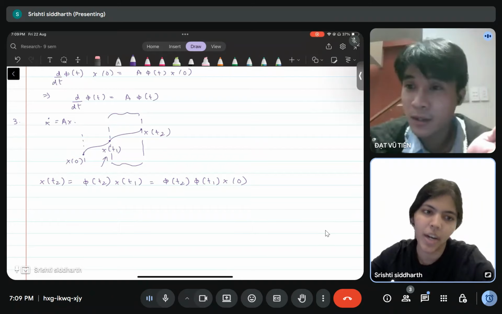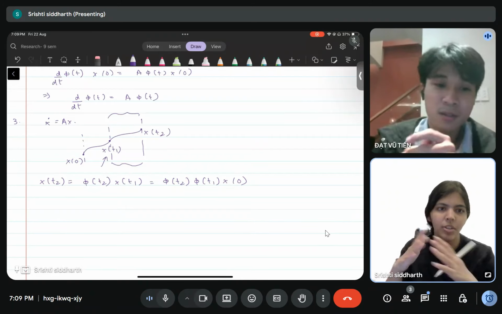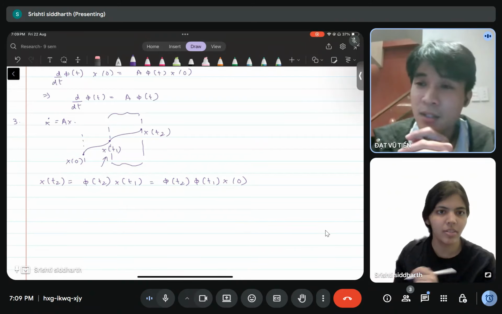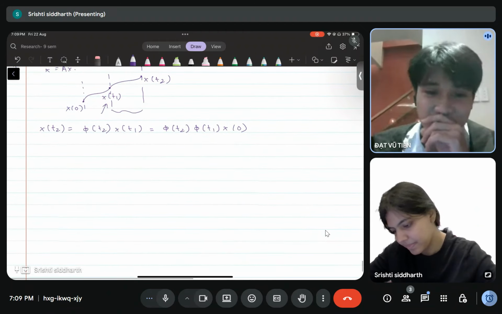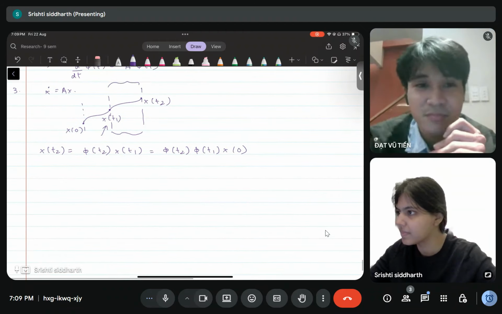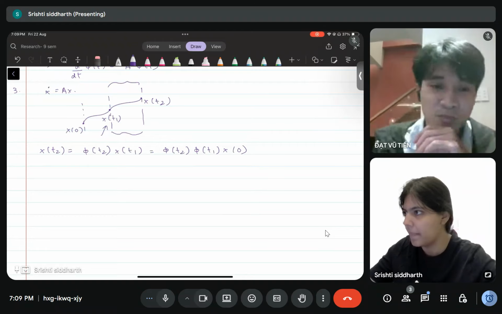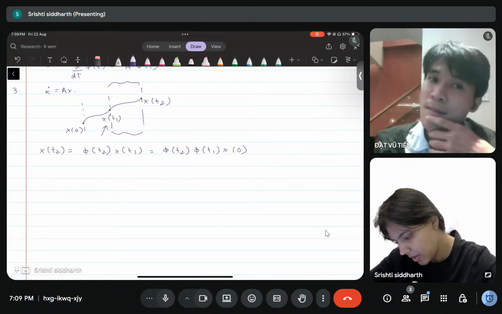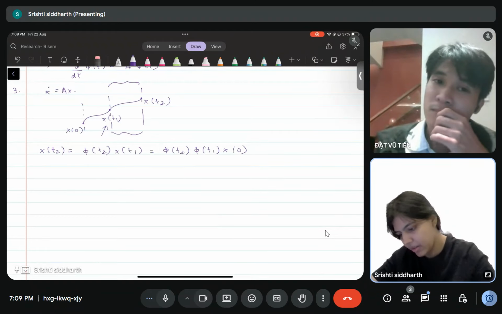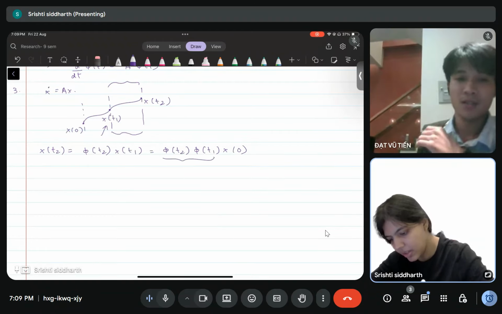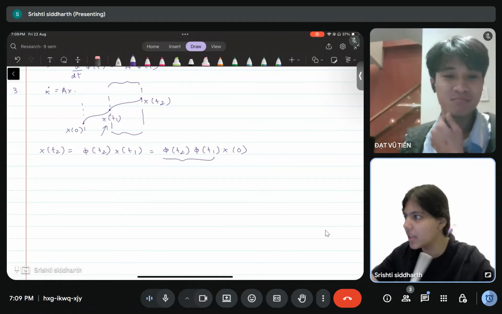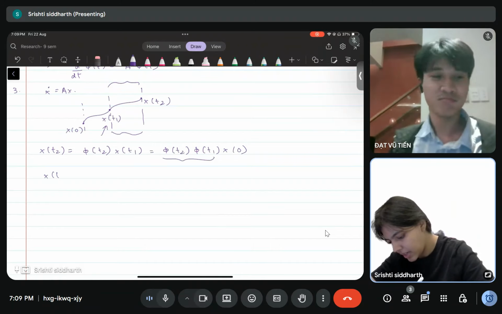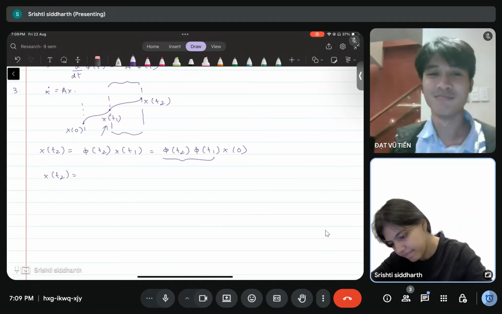Yes, for LTI systems, for initial conditions, you can actually reach anywhere in the solution of the state system. So this means that we can actually compose these state transition matrices.